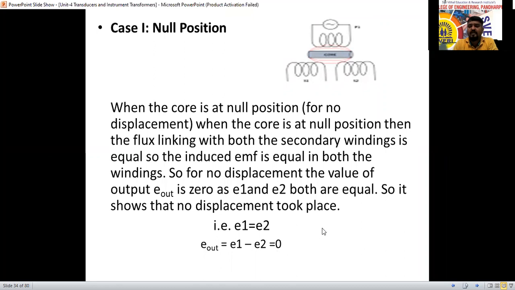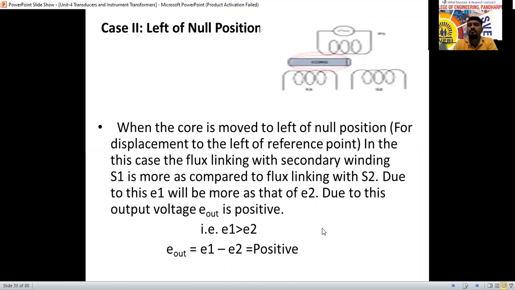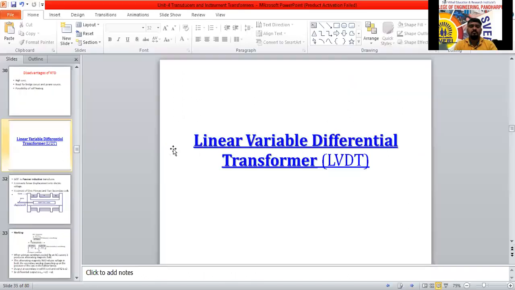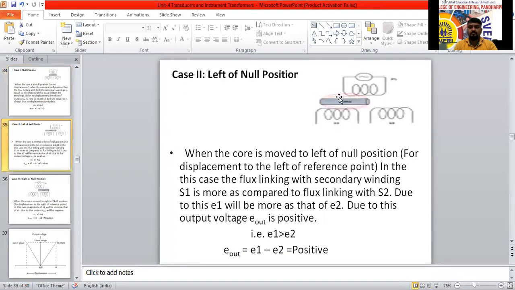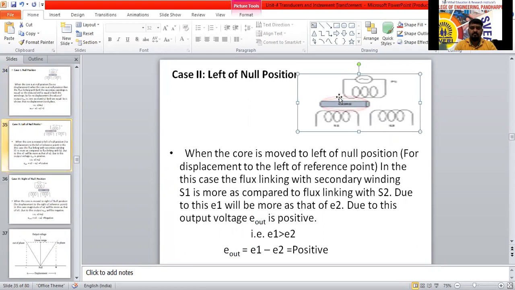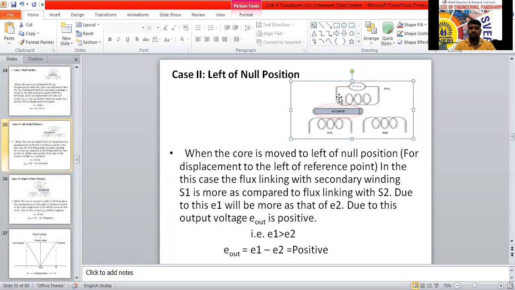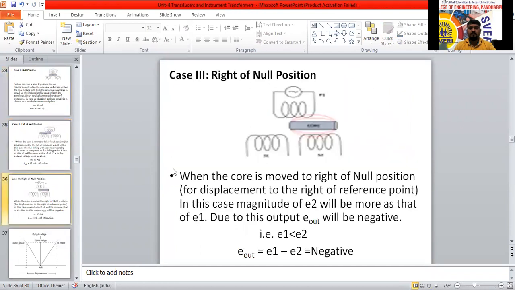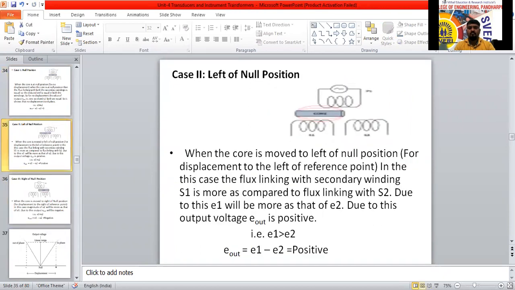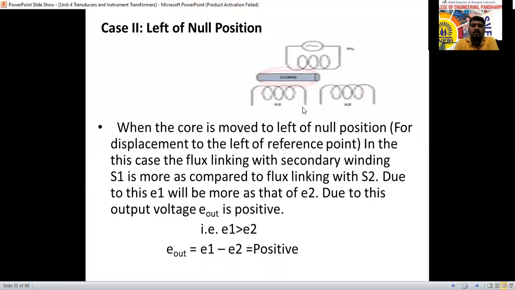Next, we will go for the second one, position 2. Okay, case 2 is called left of the null position.